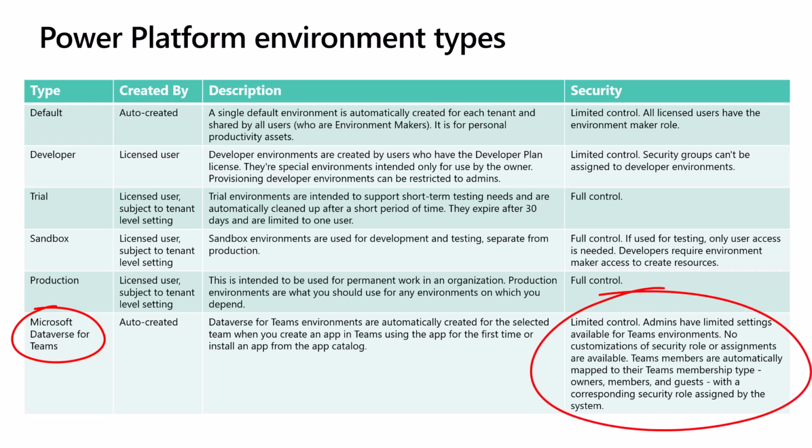However, security administration is limited as administrators have restricted access to settings. Customization for security roles or assignments is not available, and team members are automatically mapped to their respective roles, like owners, members, guests within teams, with corresponding security roles assigned automatically by the system. This setup ensures simplicity and ease of use within Teams while aligning security roles with Teams' membership types.